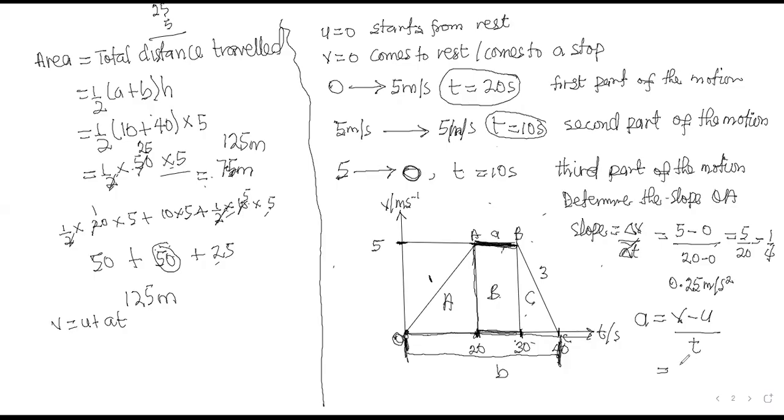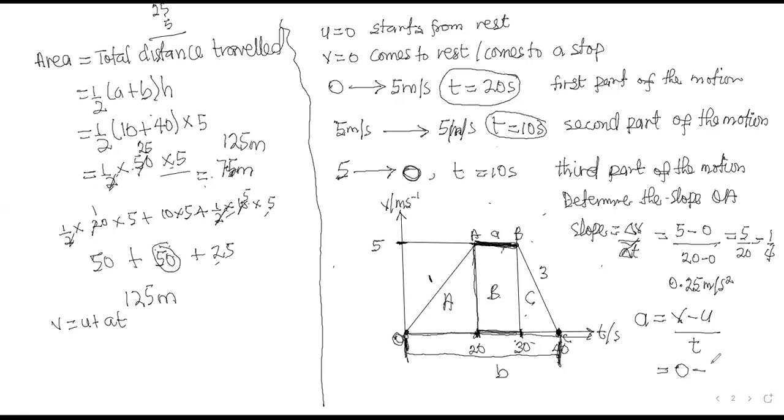Class, what's the final velocity for the third part of the motion? 0. It's 0, because we were told that the body decelerates, so it comes to rest. So when it comes to rest, it means final velocity is 0, and that is when the graph hits or intersects the time axis. Okay, so final velocity is 0 minus initial velocity during this part, which is 5.